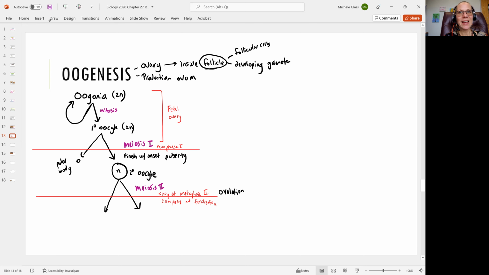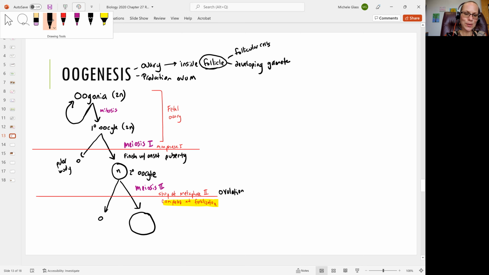So it's not a full functioning gamete that's released with ovulation. And we're going to see we do another one of these uneven divisions when we do complete our meiosis 2. We're going to produce another polar body.